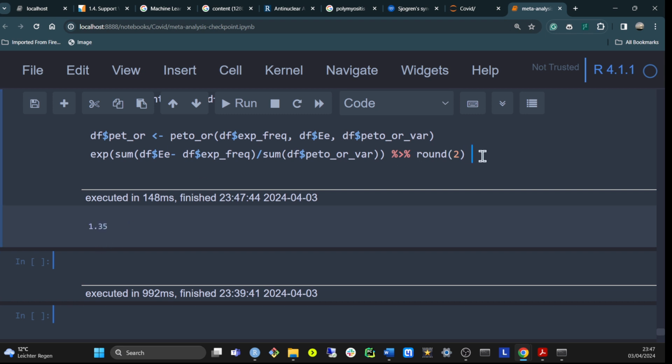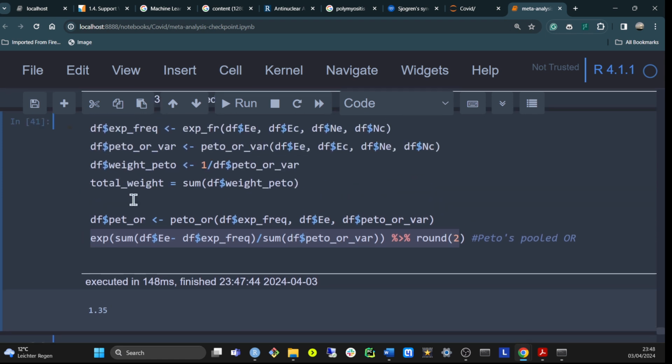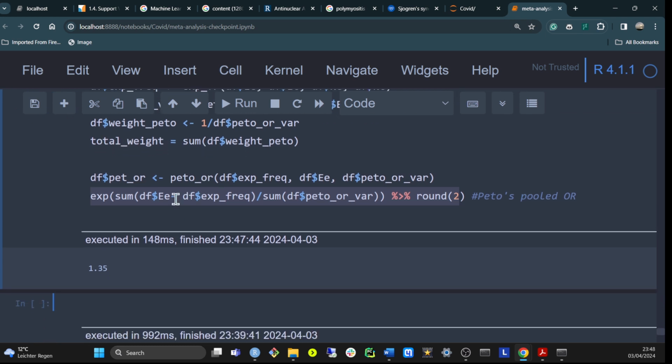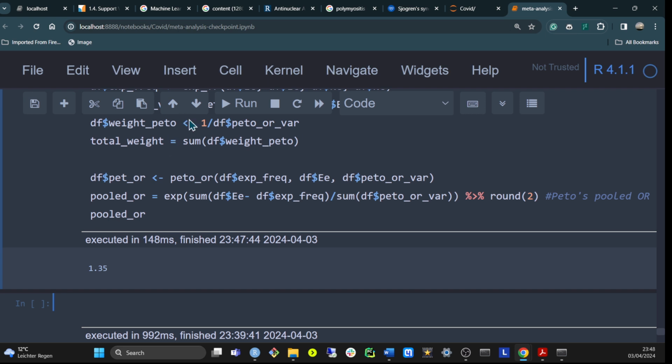So maybe I can also add something like this, 95% confidence interval, comma, would be like this. So I have the odds ratio. Maybe I add a little bit of space or comma, so it looks nicer. So here I have the pooled odds ratio. That means 1.35, and its 95% confidence interval ranges between 1.12 and 1.62.